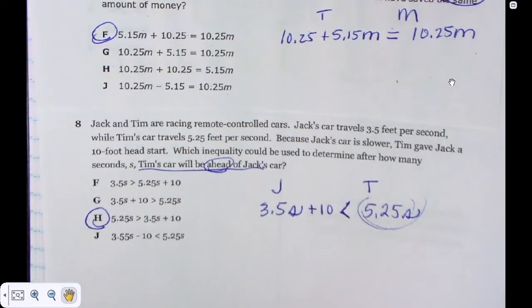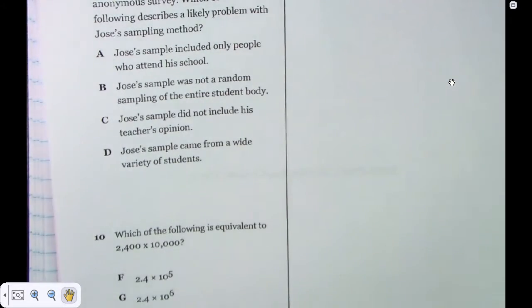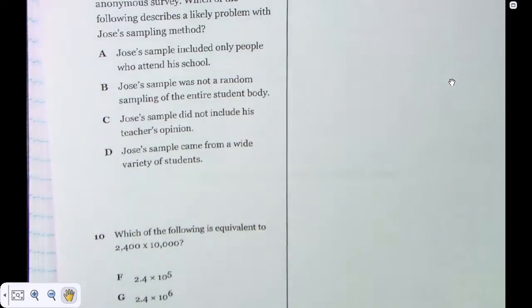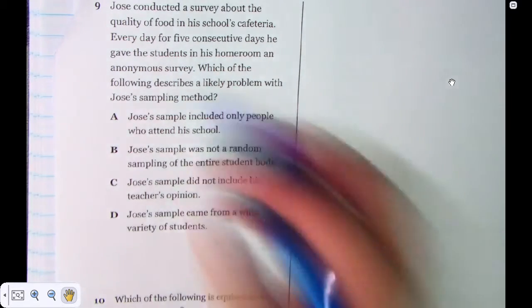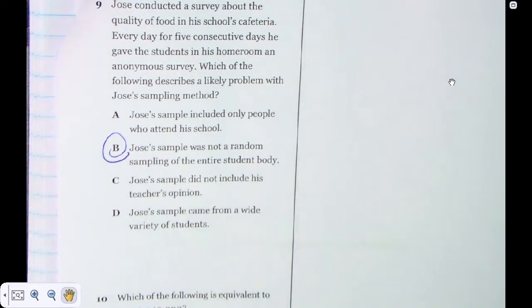Okay, number 9. If I'm doing a sample, if I'm doing a survey, I've got to sample all kinds of people. I can't just ask one homeroom, so it's going to be B. I've got to do a random sampling of the entire group. I don't ask everybody. I do a sample of everybody.